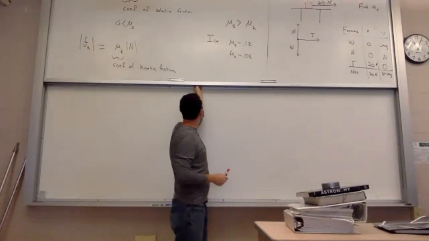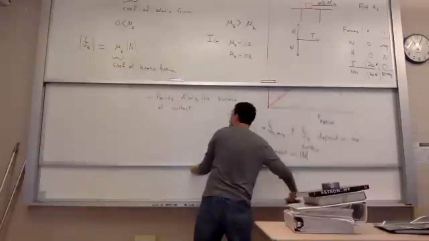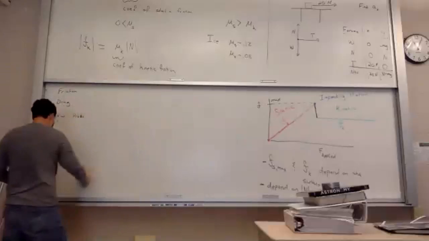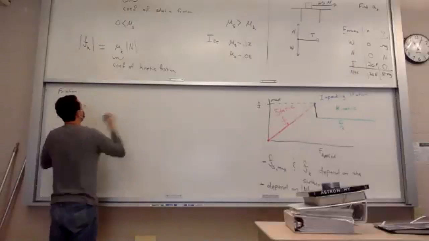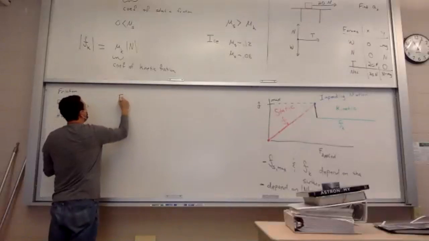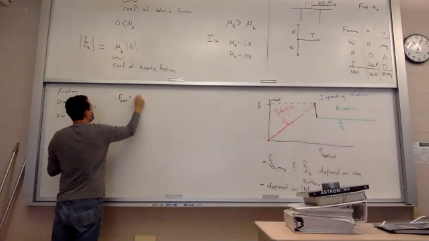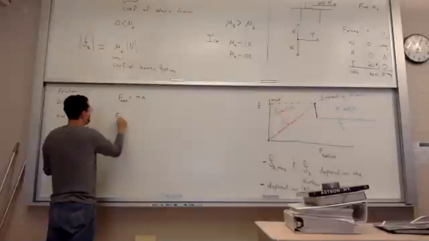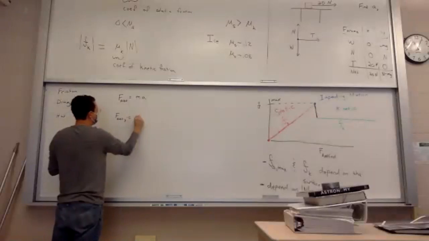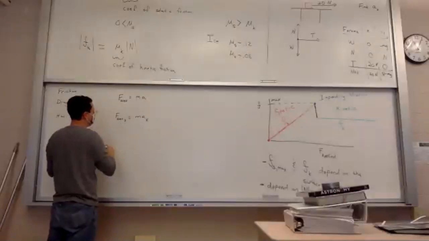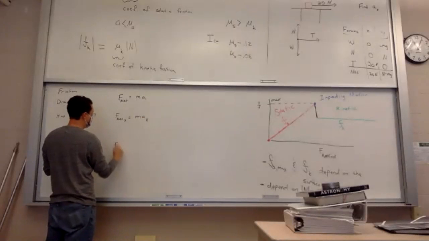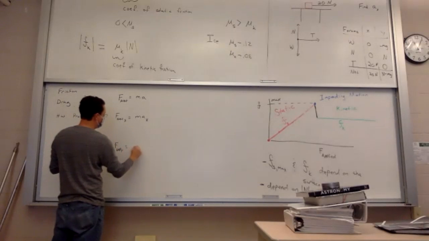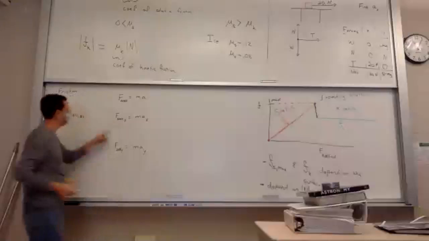Physics comes into this when we say the net force equals the mass times acceleration. So that means F net x equals the mass times acceleration in the x direction, and F net y is the mass times the acceleration in the y direction.